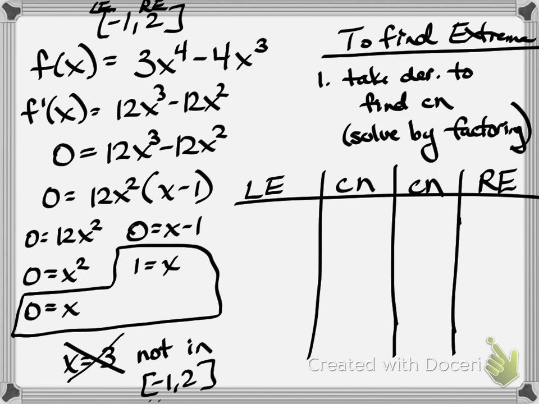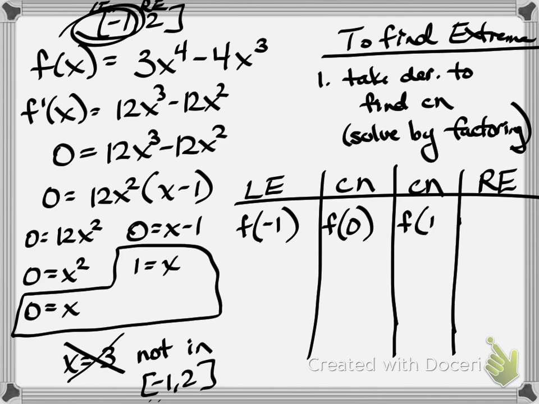But in our case, both of these are. So we're going to do the function evaluated at the left endpoint, the function evaluated at 0, the function evaluated at 1, and the function evaluated at 2. I did put the critical numbers in order; I just like to do that, especially for where we're headed on Wednesday.